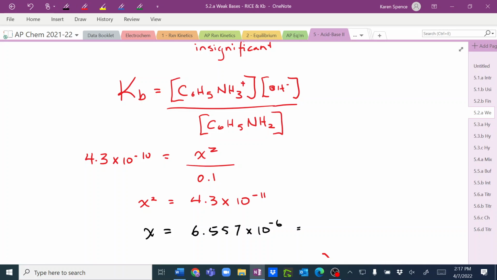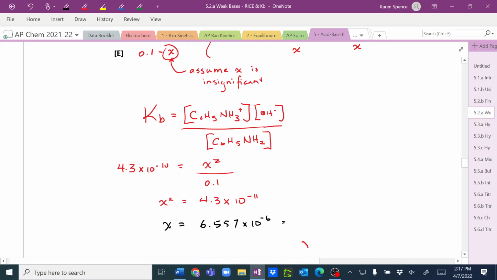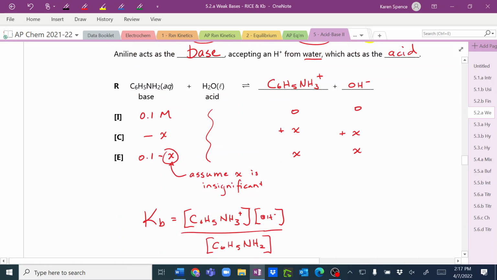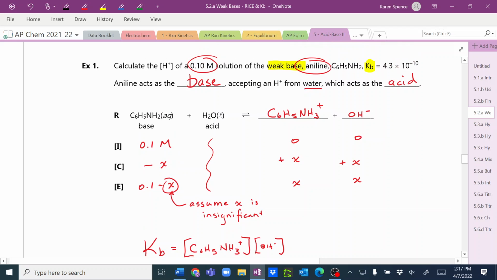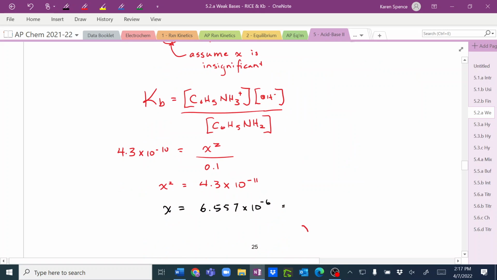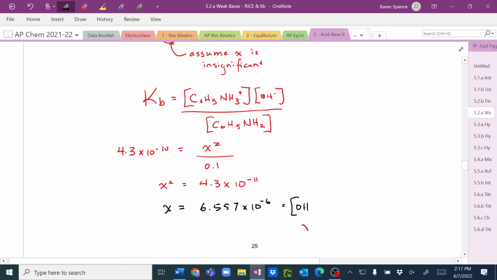It represents a change in concentration, but remember, we are trying to get close to finding the hydrogen ion. Does x equal the hydrogen ion concentration? It equals the hydroxide ion concentration, yes. So that's equal to the concentration of hydroxide.